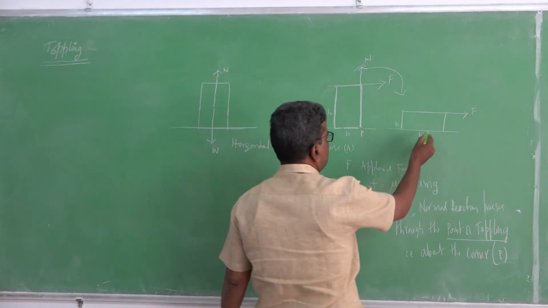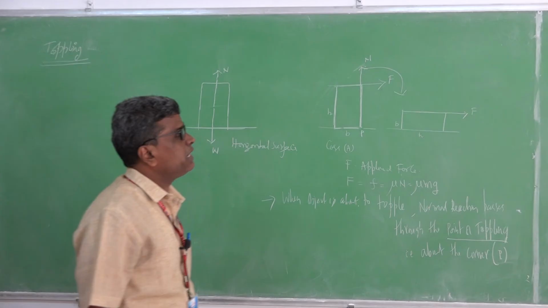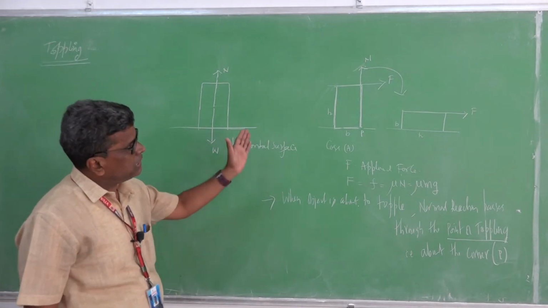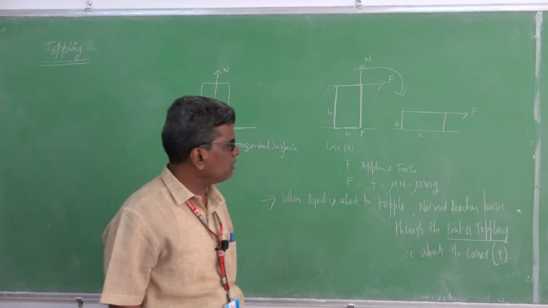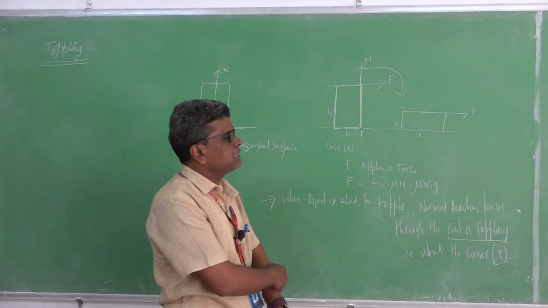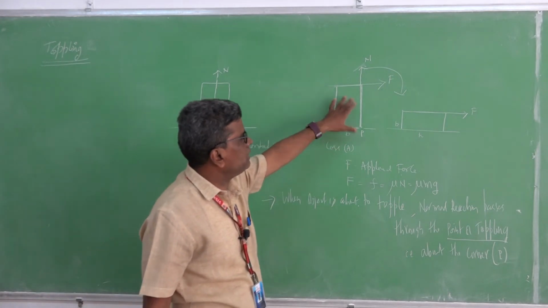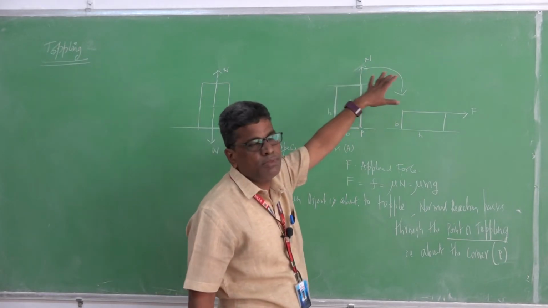In which case does the object have more chances of toppling? In the first case, it has more chances of toppling. It is quite natural, as we can easily say from this diagram.